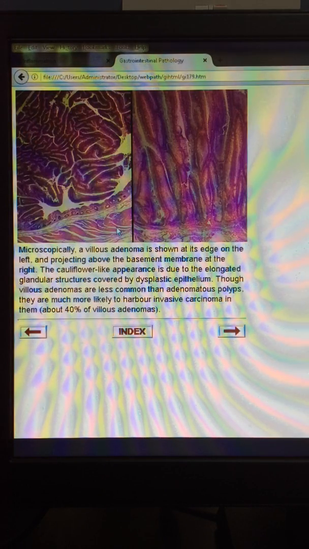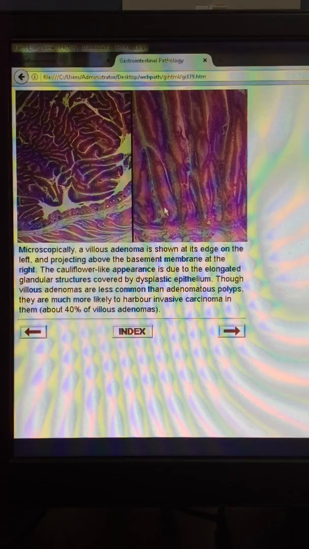This is the microscopic appearance of villous adenoma. Here you can easily notice that the crypts are much longer than in tubular adenoma. The surface epithelium does not appear in this picture, but the crypts are very long, with this villous tapering end of the epithelium at the end of the villous architecture.